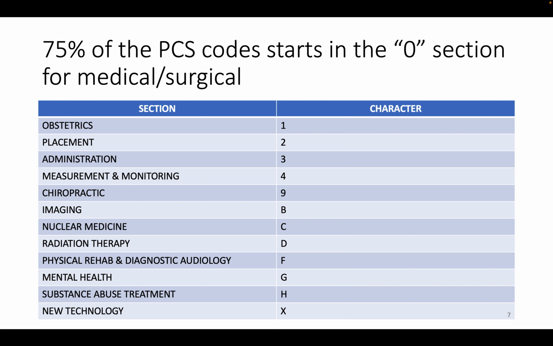In character 1, section 1 is obstetrics, section 2 is placement, 3 is administration, 4 is measurement and monitoring, 5 is extracorporeal or systemic assistance, 6 is extracorporeal or systemic therapies, 7 is osteopathic, 8 is other procedures, 9 is chiropractic, B is imaging, C is nuclear medicine, D is radiation therapy, F is physical rehab and diagnostic audiology, G is mental health, H is substance abuse treatment, and X is new technology.